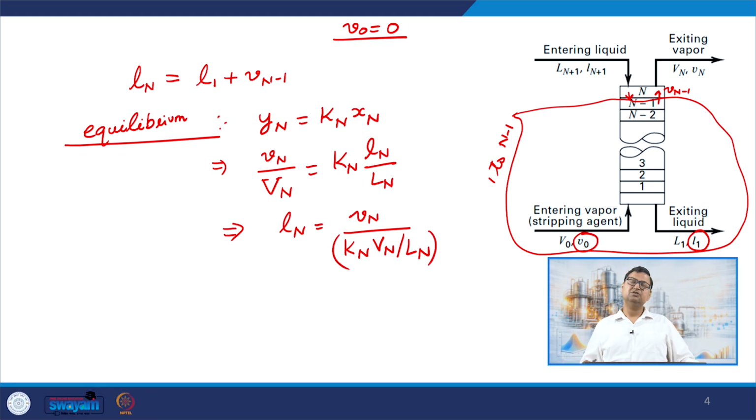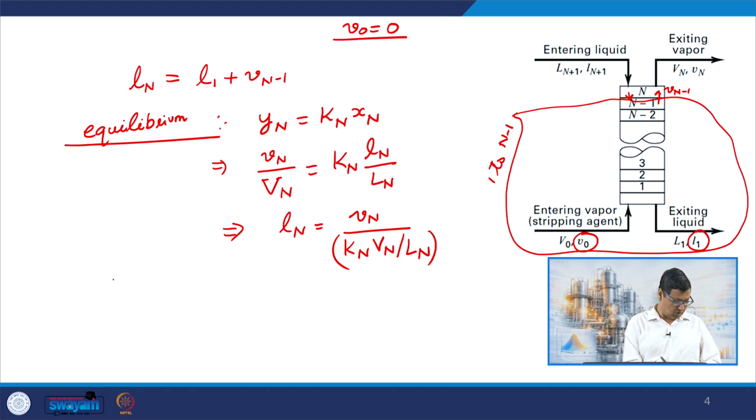In the earlier case, we expressed the vapor molar flow rate as the liquid molar flow rate divided by the absorption factor, but now I am going to do it in terms of a stripping factor that relates the liquid molar flow rate to the vapor molar flow rate. That is the opposite of that, right?